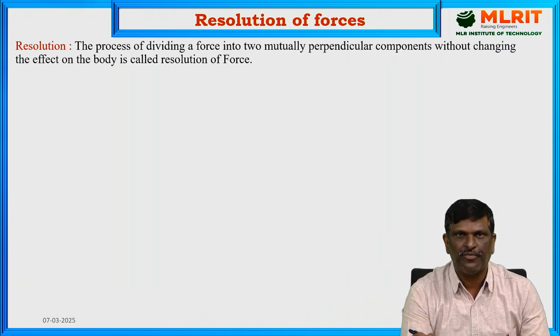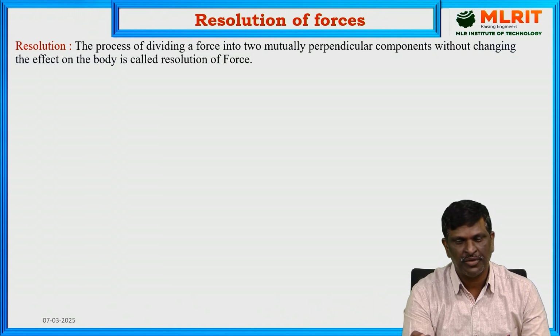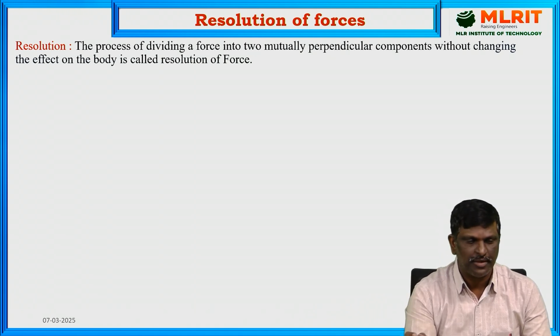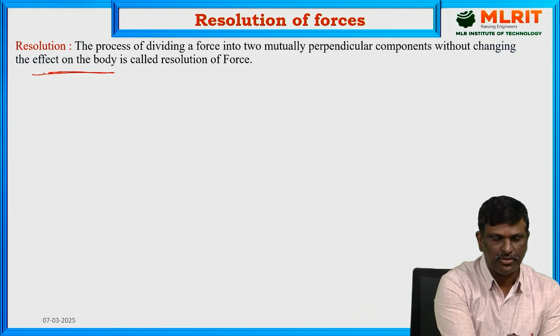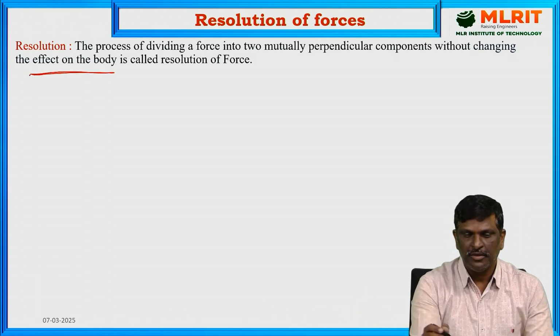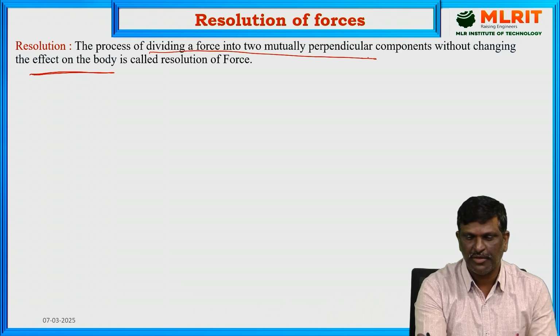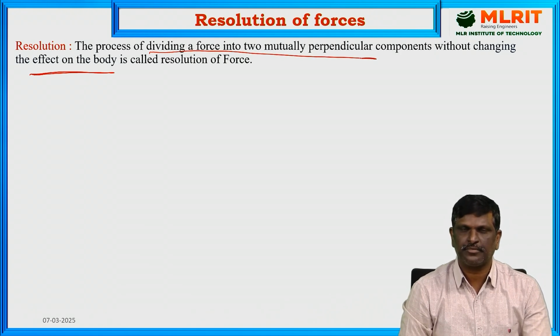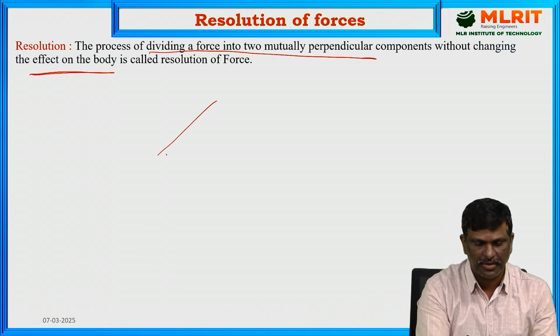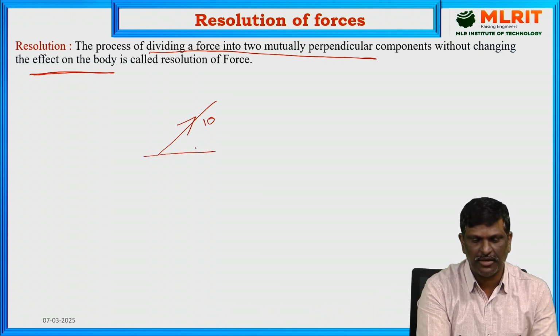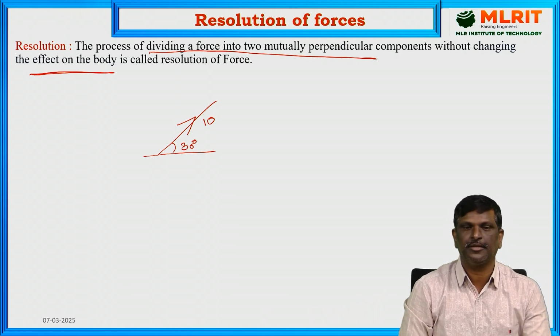The process of dividing a force into two mutually perpendicular components without changing the effect on the body is called resolution of forces. For example, a force 10 newtons is acting at an angle of 30 degrees to the horizontal.